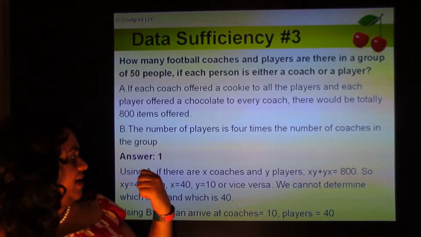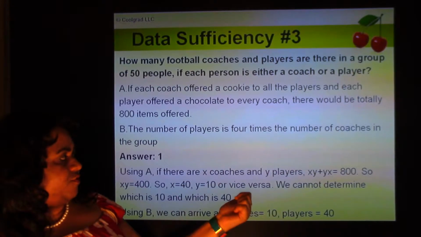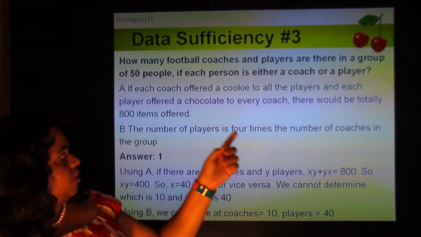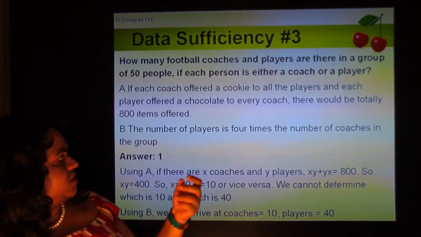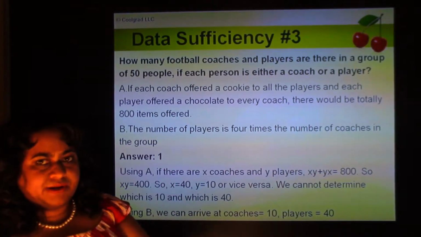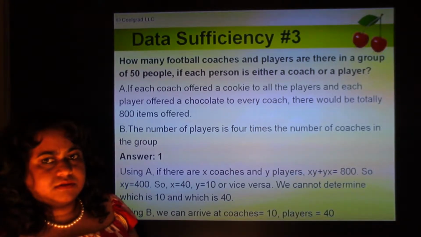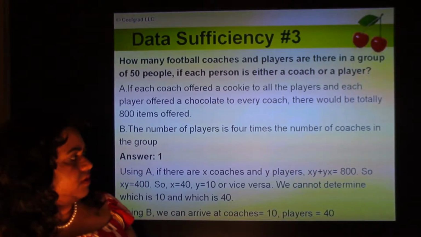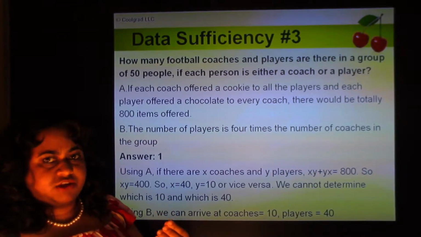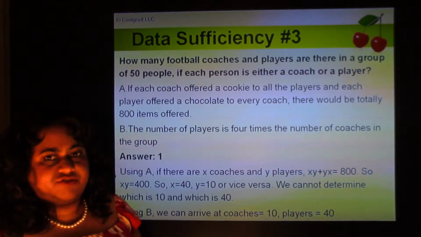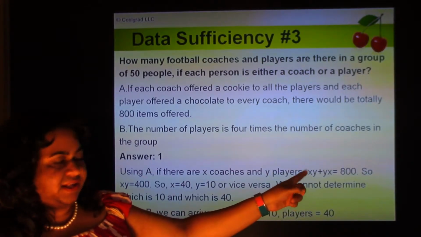So using statement A alone, if there are X number of coaches and Y number of players, X coaches offer a cookie to Y players. Each of the coaches offers a cookie to each of the players. So how many cookies are exchanged? X times Y, right? XY.